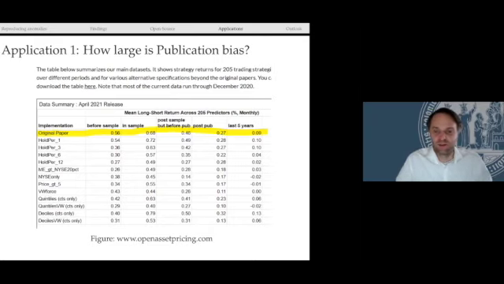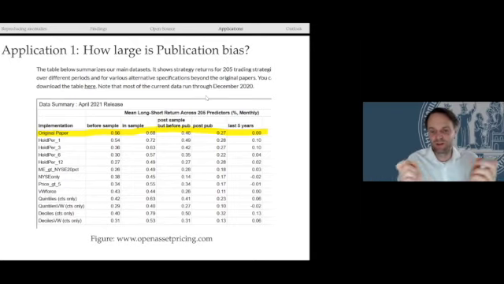But the length of the publication process provides an opportunity here to get another estimate that might be less polluted by trading effects, which is the time window between the end of the in-sample period of your data sample and the publication date.